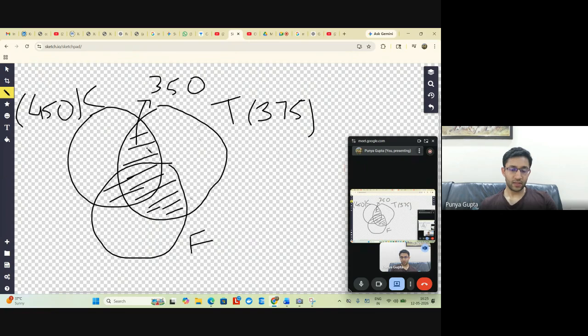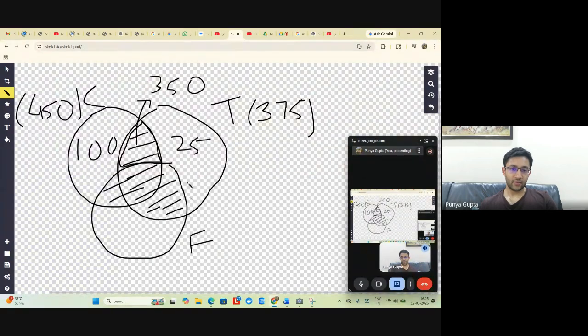So we can assume this to be 0, the number of people who like to play only cricket and tennis, because we want to maximize the number of students inside football, right? So if this comes out to be 0, this is nothing but 450 minus 350, which is 100. And likewise, this is 375 minus 350, which is 25.